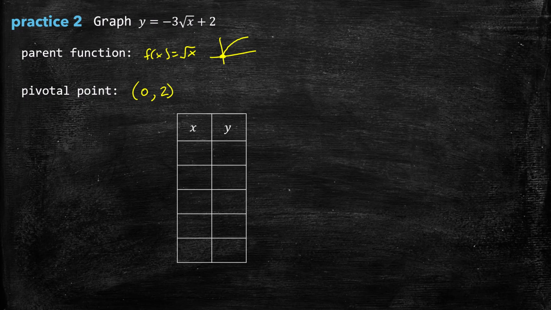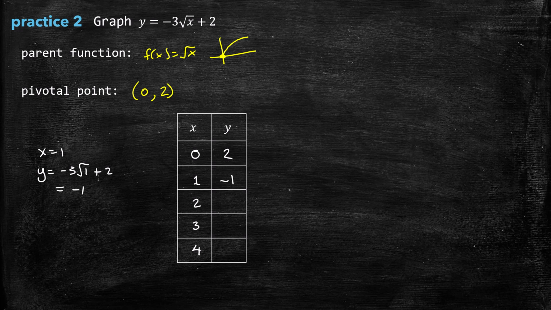Remember, for a square root function, you might as well start at the pivotal point. So we could put in x equals 1, 2, 3, 4. We're going to realize that actually some of those don't work so well. When x equals 1, y equals -3 square root of 1 plus 2, which equals -1.